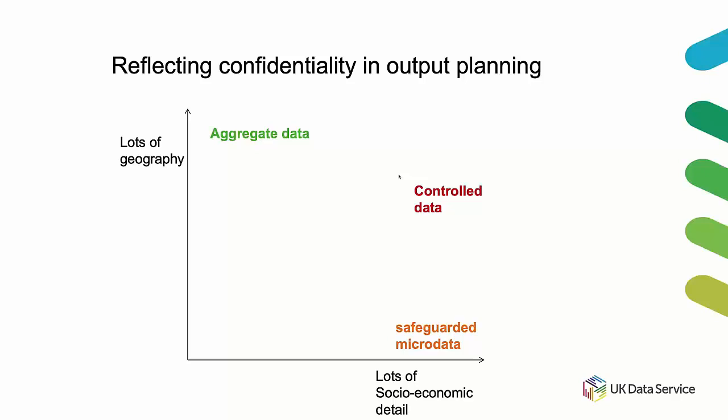If you're looking at, say, an output area, 50 households, you might be able to spot one person matching those identifying attributes. So generally, there is a trade-off between the amount of geography and the amount of socioeconomic detail, but not both. Unless the data is available in a controlled way to people who have been given training and signed particular agreements.